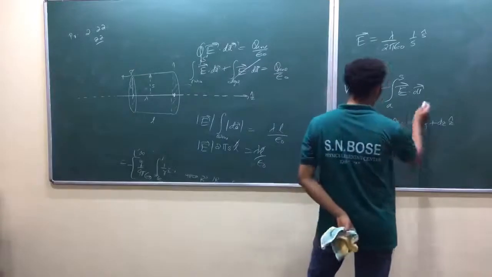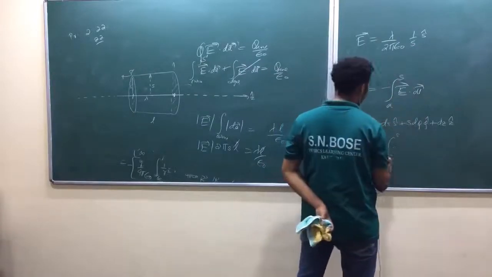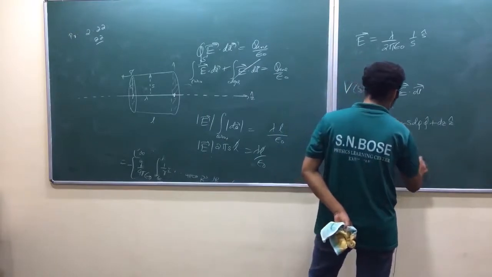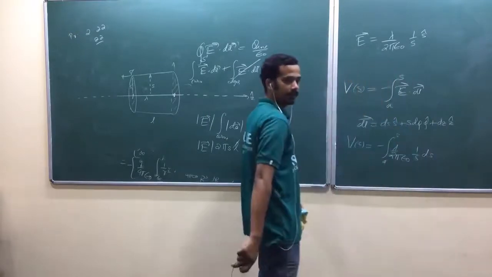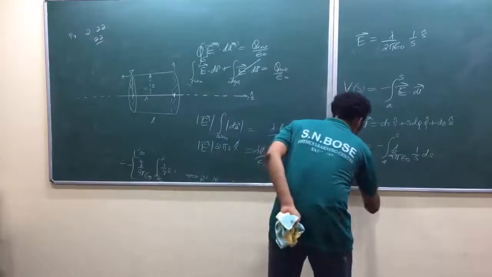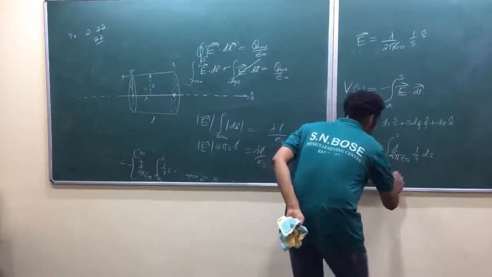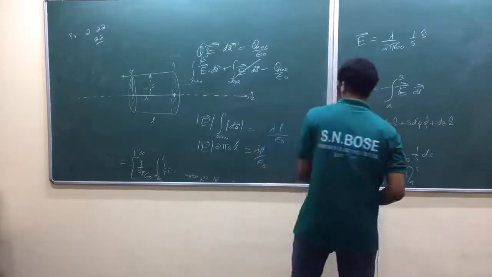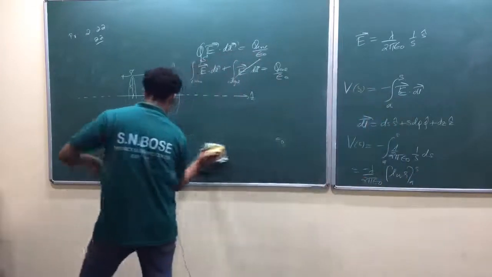Now, if you take the dot product S cap dot S cap, what would you get? 1. So we have lambda by 2 pi epsilon naught, 1 by S into ds. So minus lambda by 2 pi epsilon naught, log S running from A to S. What is the ultimate answer?